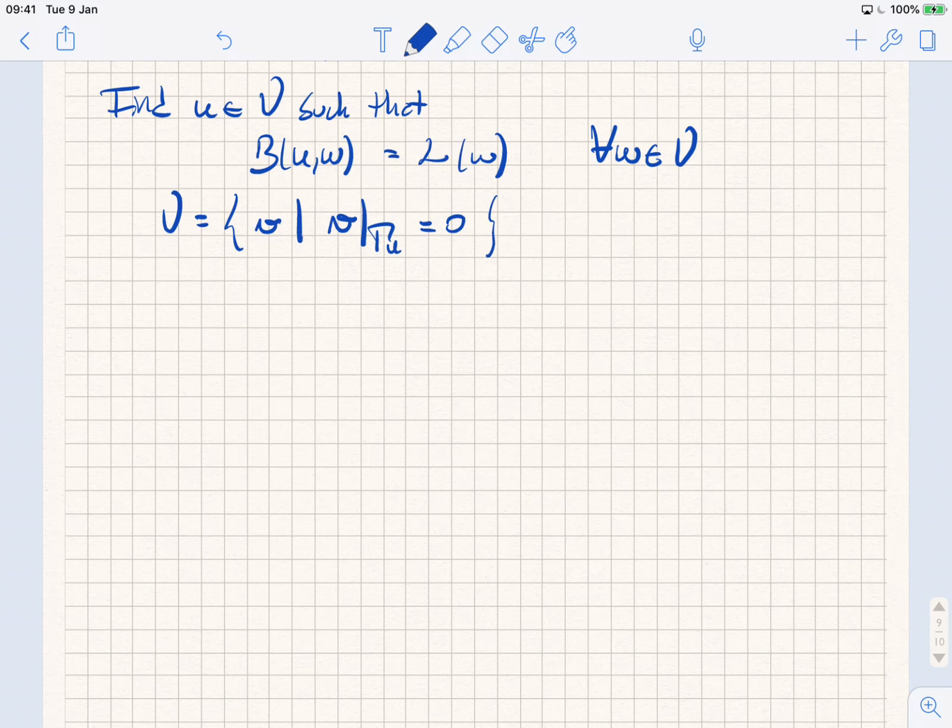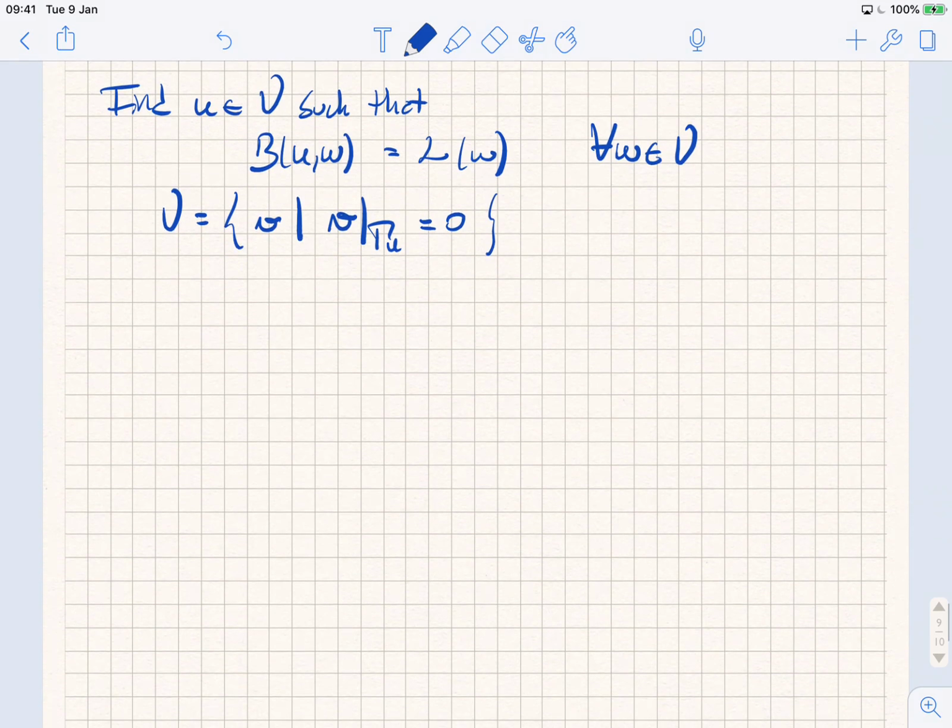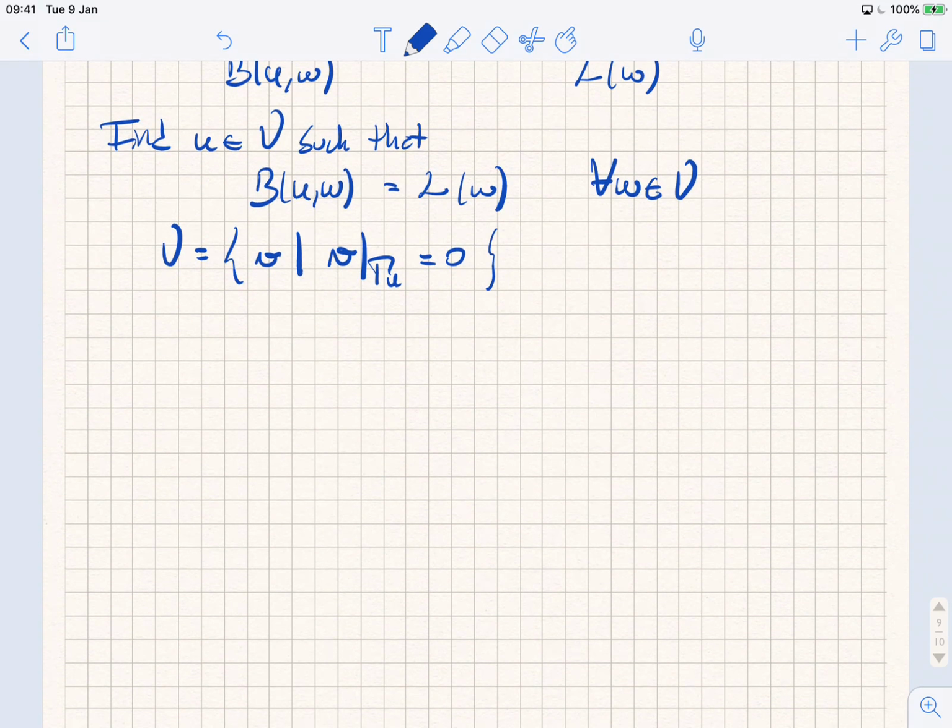So now, if I take this equation, I write it so that it is in the notes.